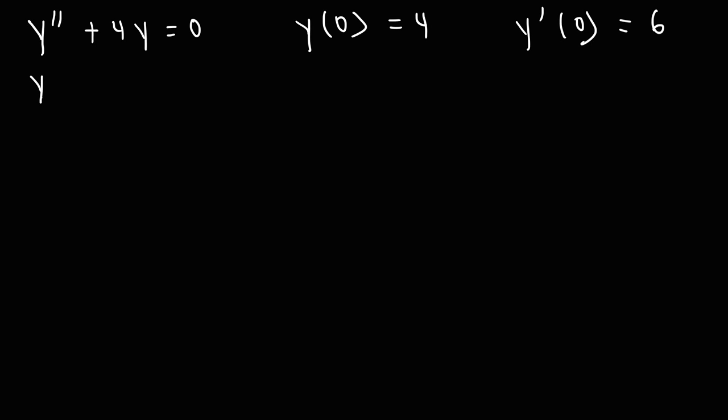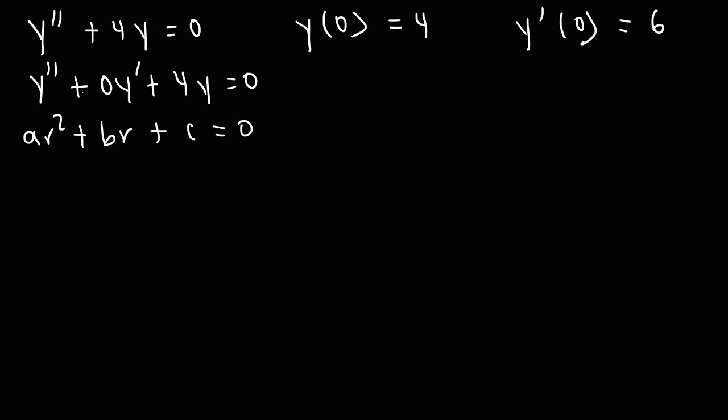So I'm going to rewrite the differential equation like this. Y double prime plus 0y prime plus 4y is equal to 0. So we can see that a is equal to 1, b is 0, and c is 4.